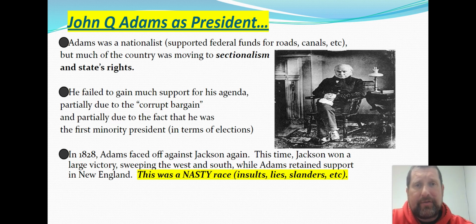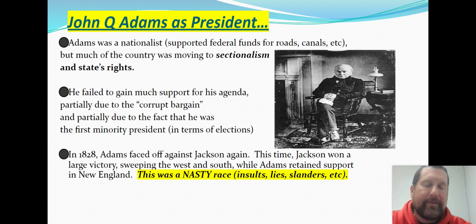He's seen as somewhat illegitimate, or at least not a favored, strong, popular candidate coming in with a clear kind of moral conviction provided to him by the people to get his work done. So he runs for re-election in 1828, and he squares off against Andrew Jackson. This time, though, Jackson's able to put it together.